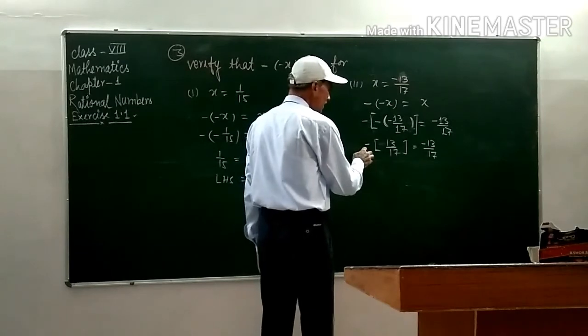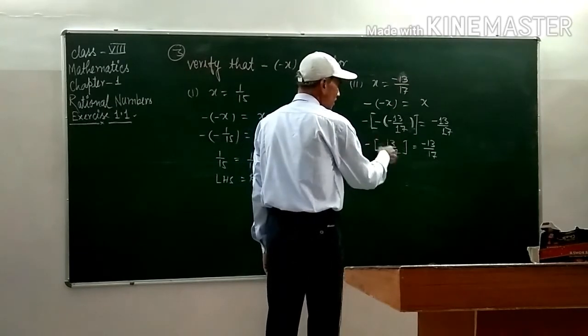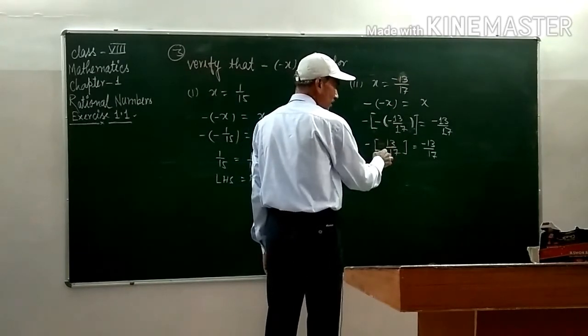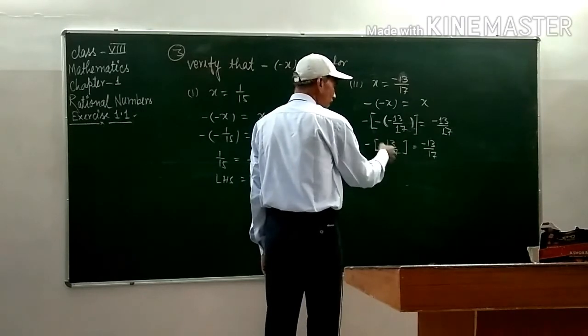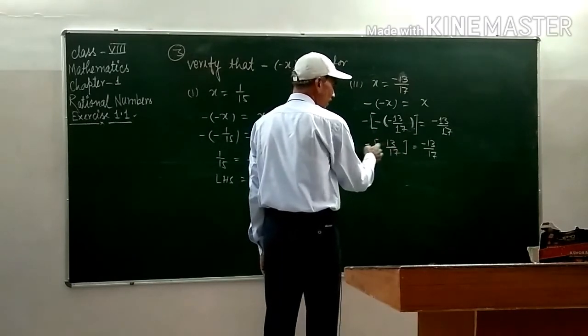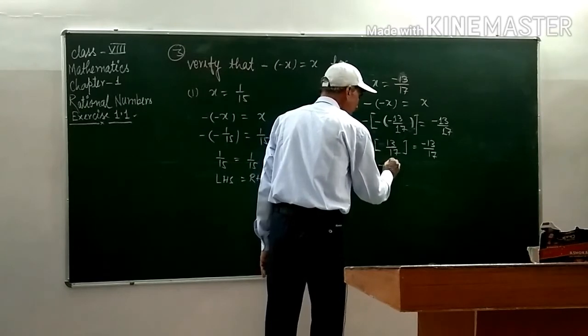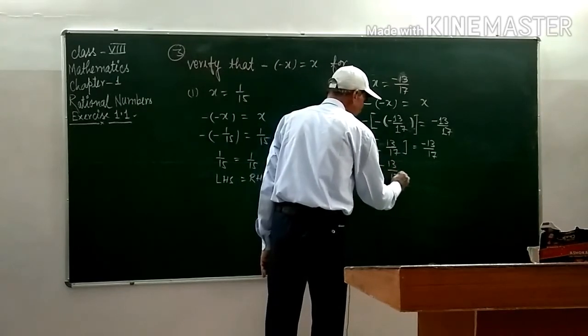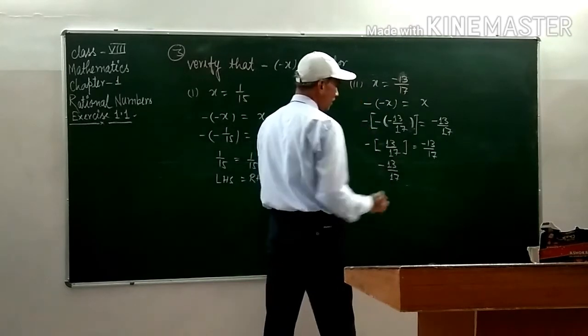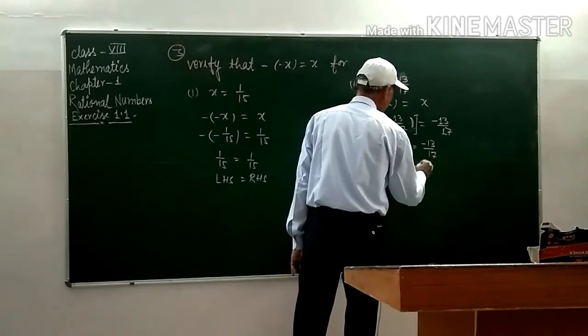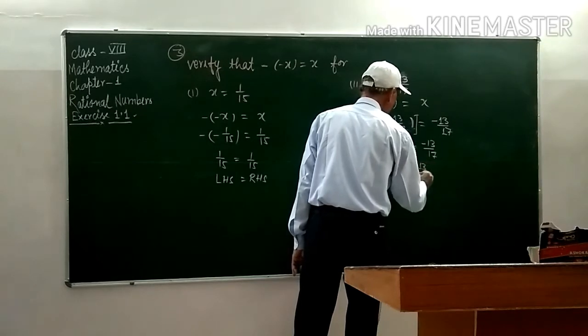In the next step, this minus into plus, because minus into plus makes minus. So after the multiplication of minus into plus, that will make minus 13 by 17.